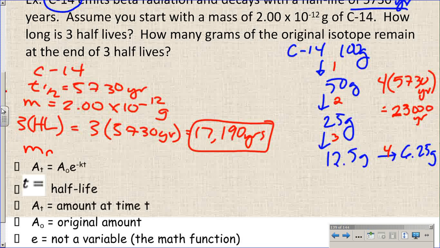Your mass final is equal to mass initial times 1/2, and then watch my exponent here. I have to be kind of funky with it.